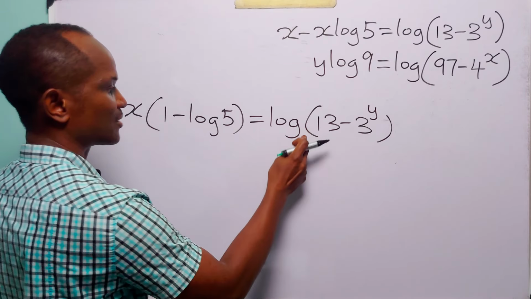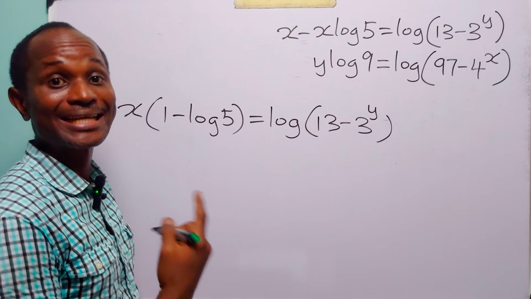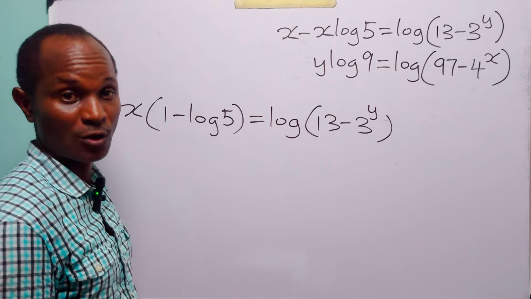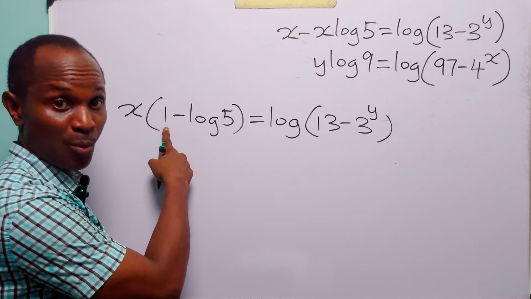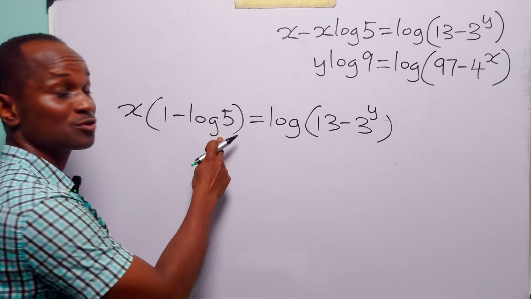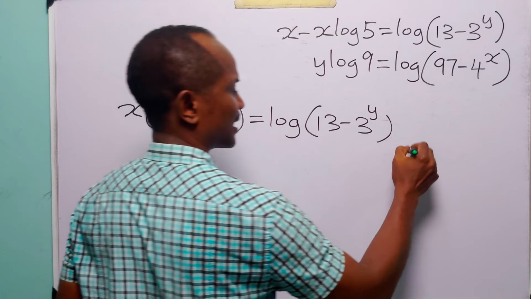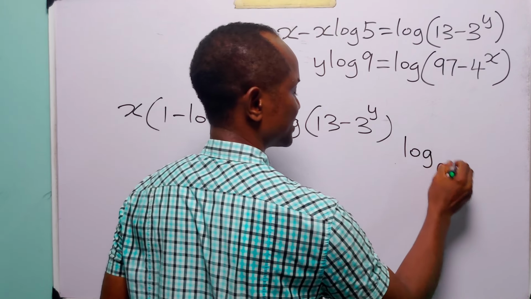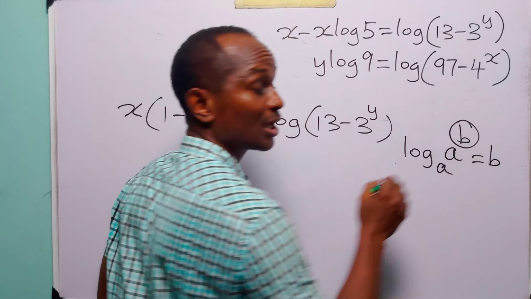Now, of course, you know that when we write log without specifying the base, it means we are working in base 10, common logarithms. Now, what we are going to do is that we will write 1 in terms of log to base 10. How are we going to do that? Remember that log to base a of a to the power b is equal to b.